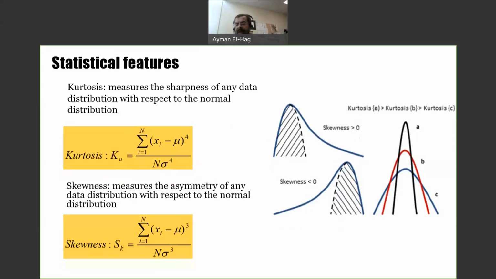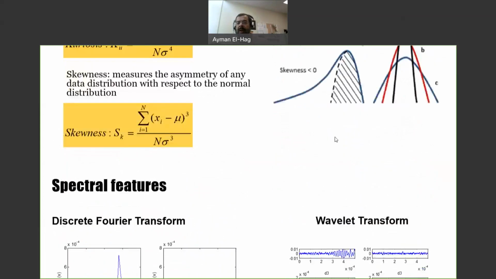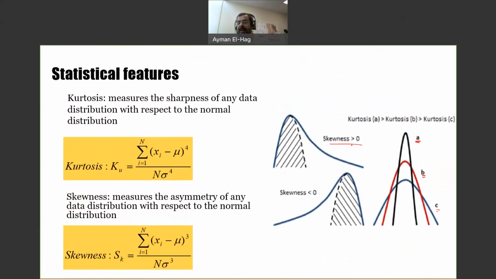As you see here, the skewness is greater than 0. When skewed this way, it is less than 0. So the skewness can be either positive or negative. Because the kurtosis is to the power of 4, it is always a positive number, but the skewness is to the power of 3, so it could be skewed to the right or skewed to the left.